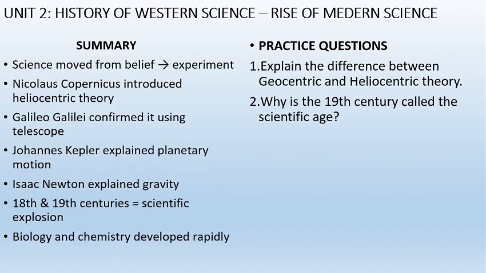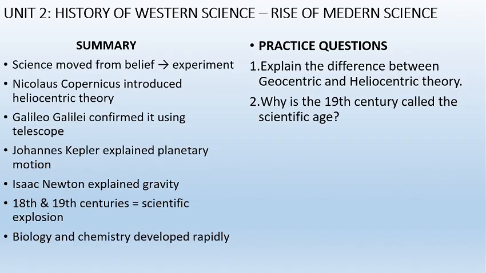Then Johannes Kepler explained planetary motion. Then Isaac Newton explained gravity. So for the 18th and 19th century, equal to the scientific explosion, we have five important points that were given to us.